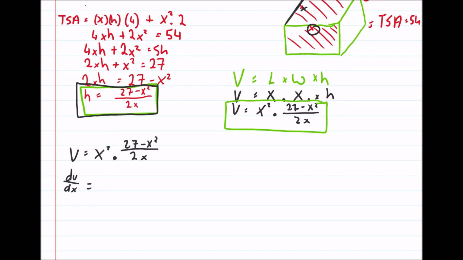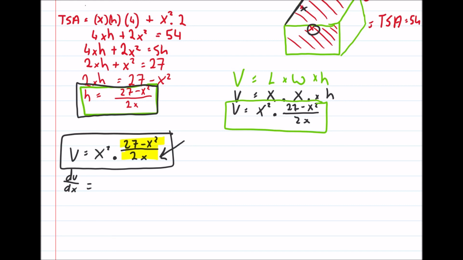Okay. However, if we look at this function, I'm potentially going to have to use product rule first, because it's two bits multiplying each other, the x squared and then this part of the function. And with this part alone, when I'm differentiating that bit, I'm going to have to use quotient rule.